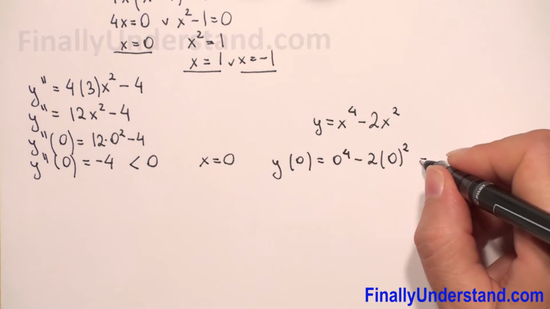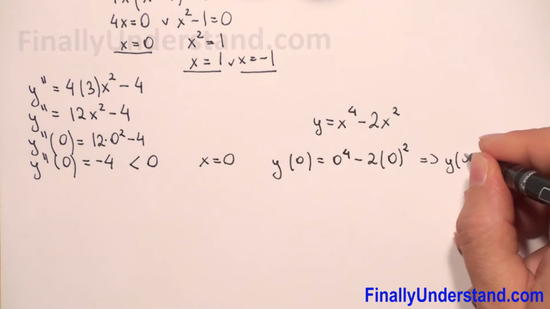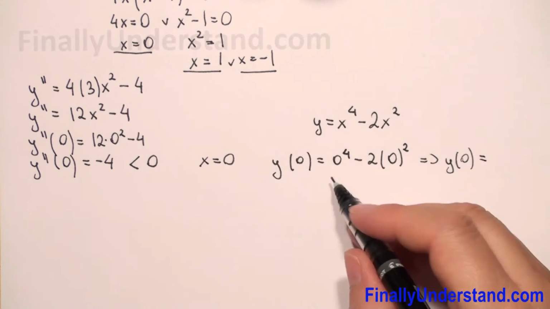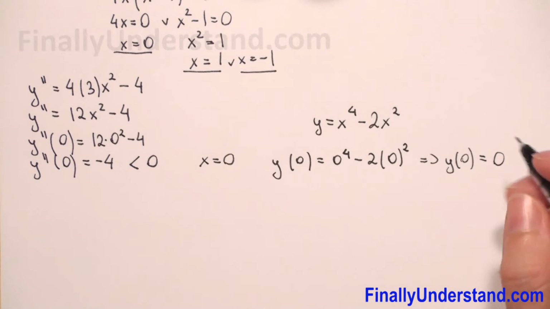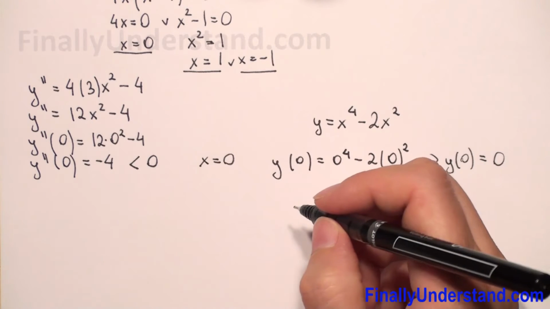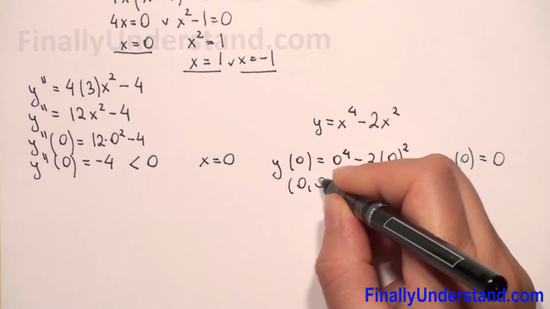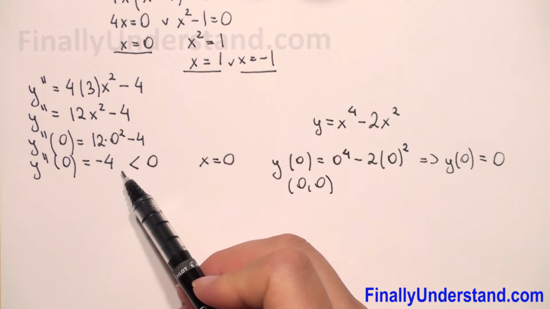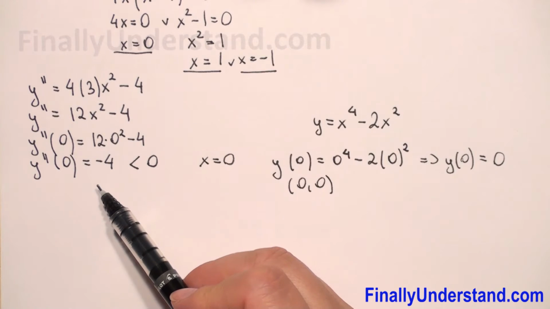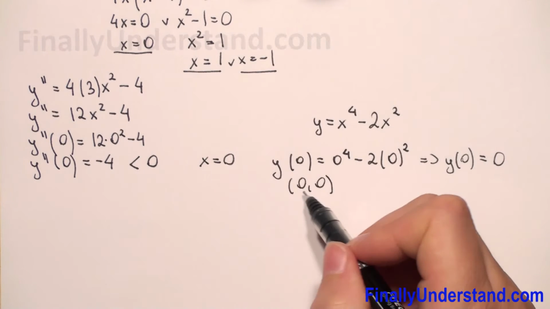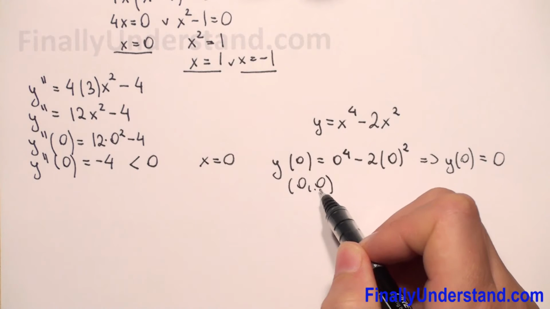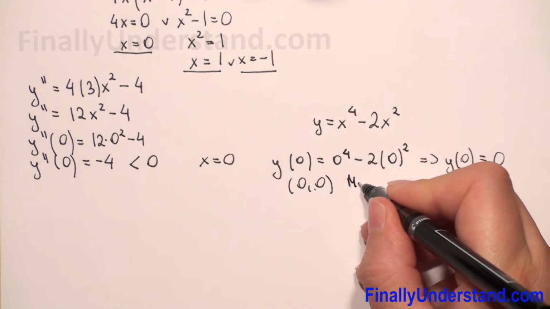So we have y of 0 is equal to 0. So we have our point 0, 0, and because the second derivative is negative, it means at this point we have a maximum.